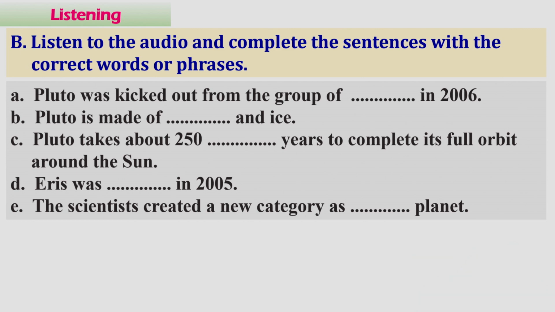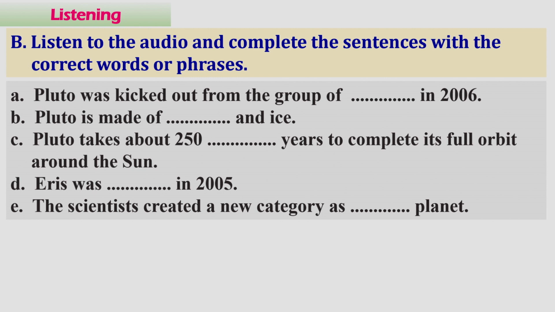Pluto, the planet that wasn't. Poor Pluto. It's bad enough to be the runt of the group, but to be told after 75 years that you're not even a member of the club? What an insult! Pluto was first discovered in 1930. Until 2006, students were taught that it was the ninth and smallest planet in the solar system.